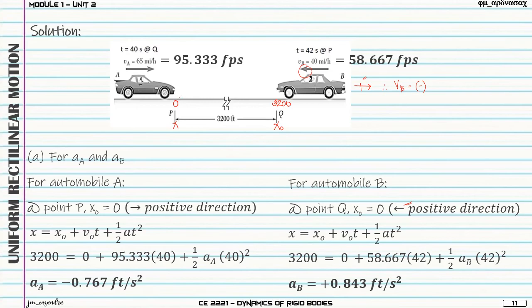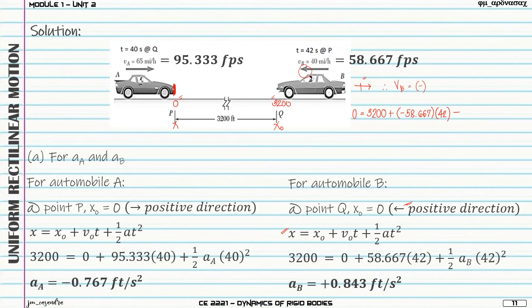So the positions, the numbers will be based on the position of A. So with that, substituting now using the same equation, x is 0 equal to x sub O, 3,200. So plus negative 58.667 times 42.